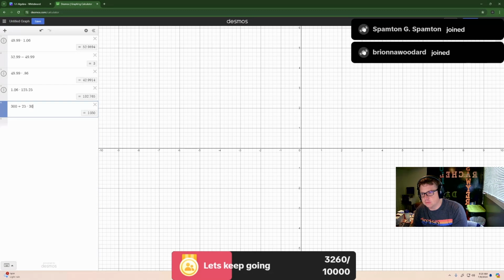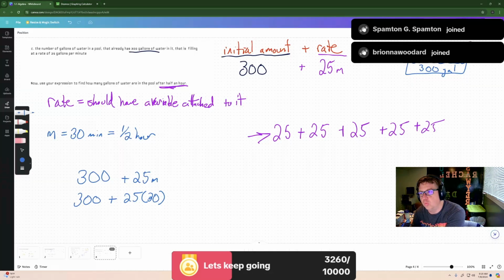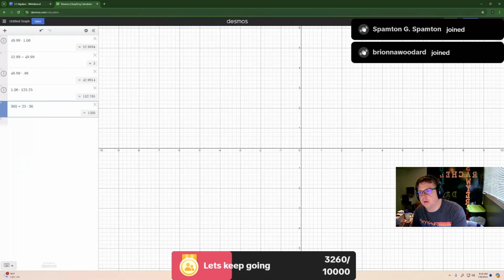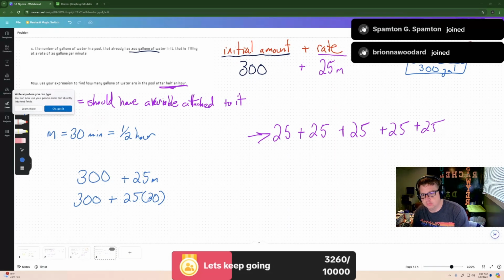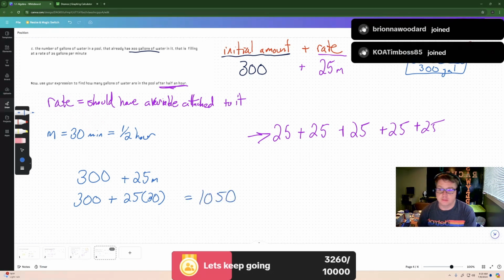We should get 1,050. Now, that brings us to one other concept that we do need to talk about. Now, I don't know if we're right or not, because does Desmos use the right steps?